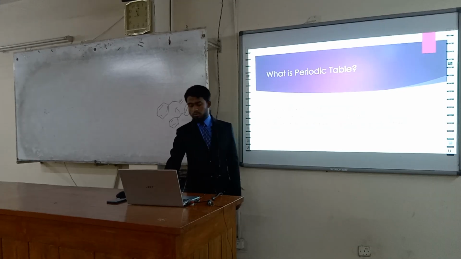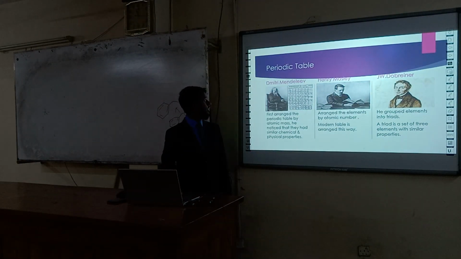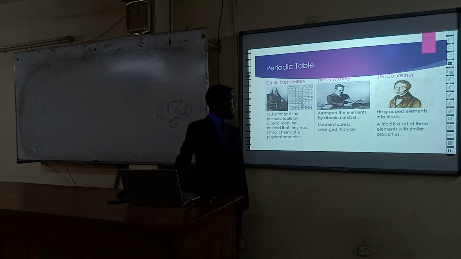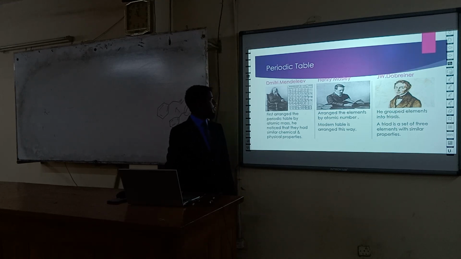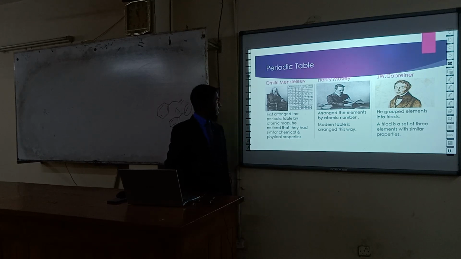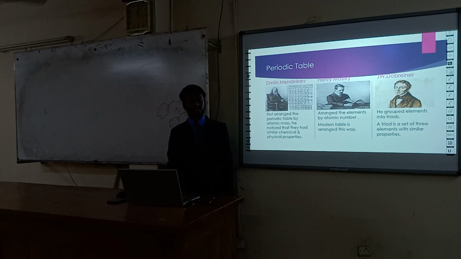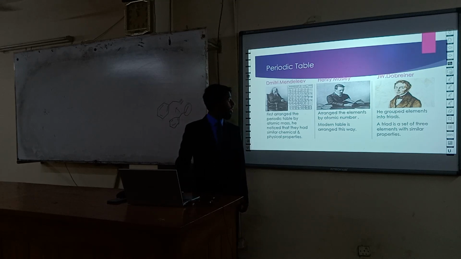Then we will talk about the inventors of this periodic table. We can see here Dmitri Mendeleev, who is known as the father of this table, who first arranged this periodic table by atomic mass, and he noticed that the elements had similar chemical and physical properties.